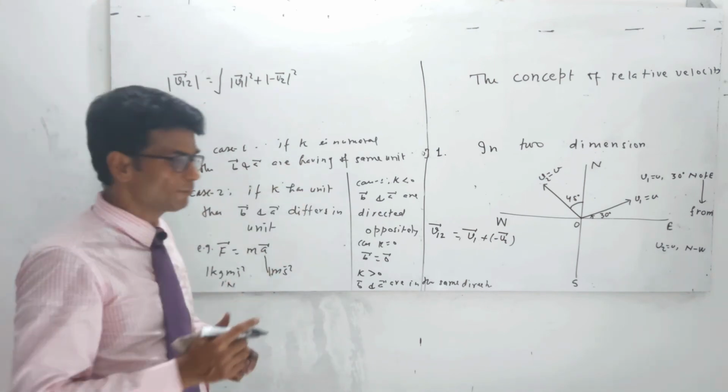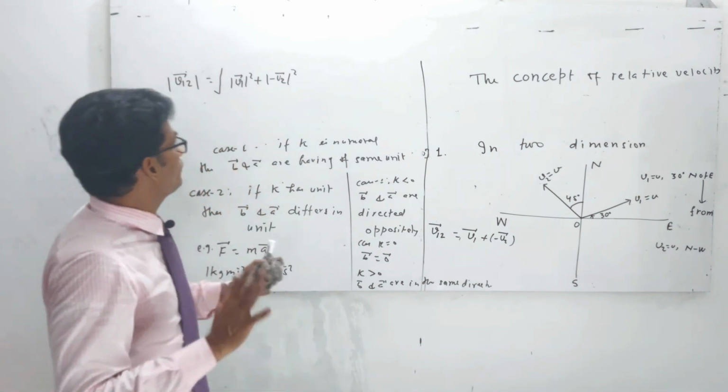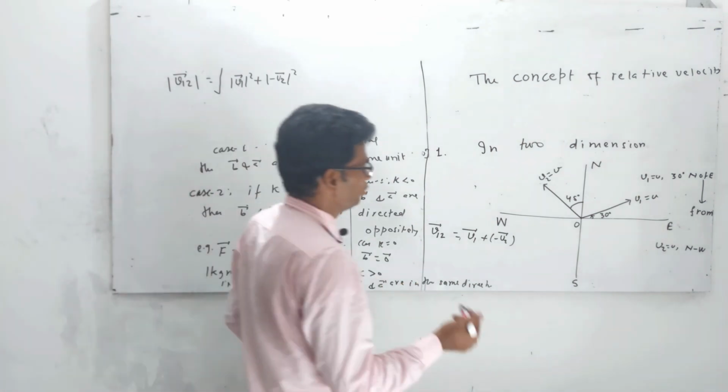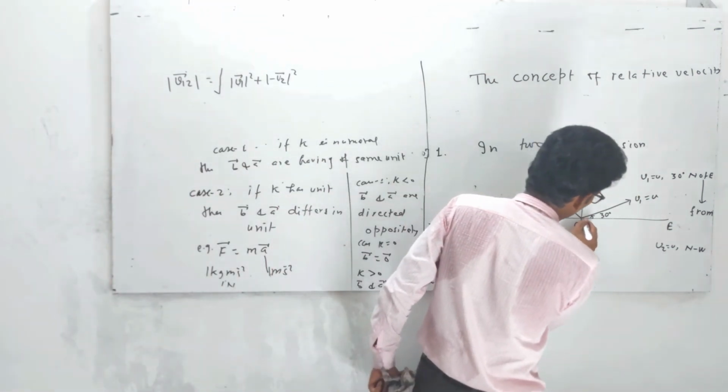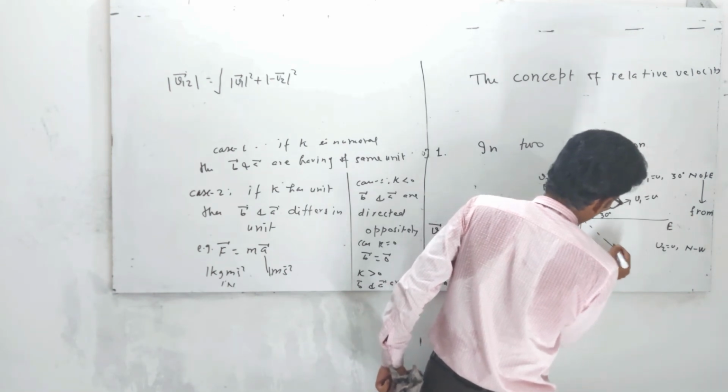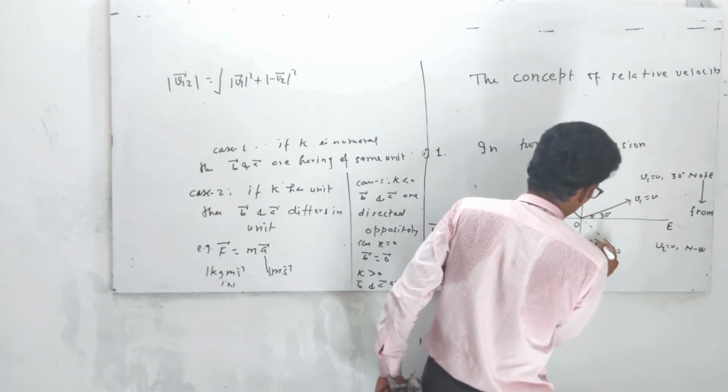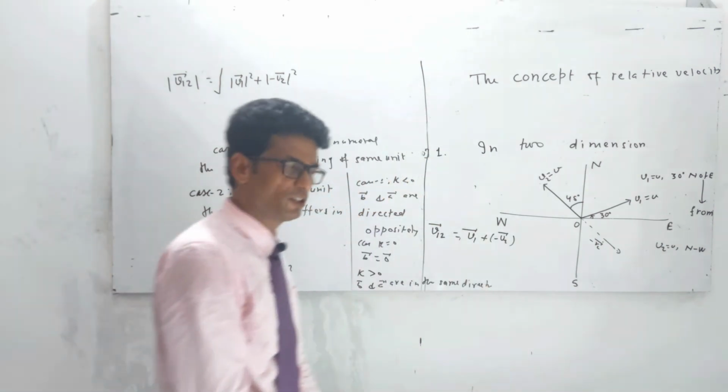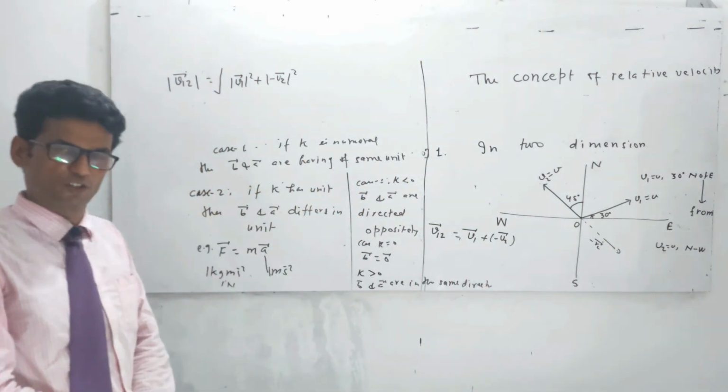So what about the scalar multiplication of a vector? We just want to find minus v2 here. This is minus v2, only after multiplying the velocity vector 2 by minus 1.